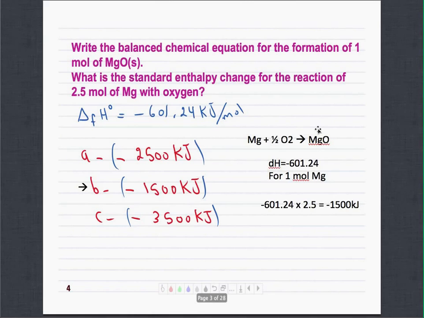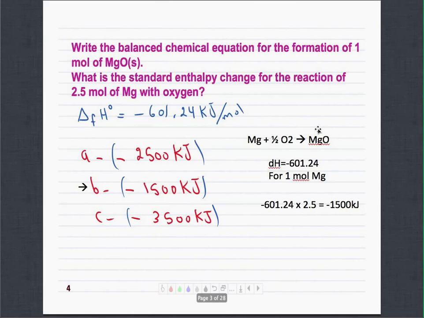Now it's asking me what is the standard enthalpy change for the reaction if we have 2.5 moles of magnesium. So we said that it is amount dependent. All these delta H's, whether it is delta H reaction or formation, are amount dependent. I know that I have 601.24 kilojoules per 1 mole reaction.